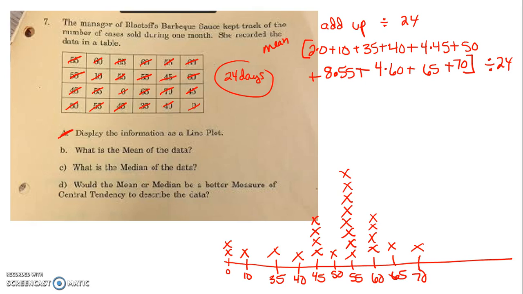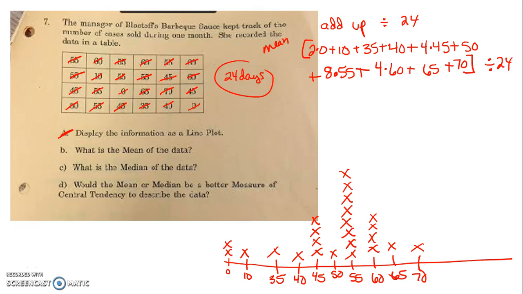2 times 0 is 0, plus 10. Then on my calculator, I can just do plus 35, plus 40, plus 4 times 45, plus 150, plus 8 times 55, plus, and let's hope I don't make any mistakes here.